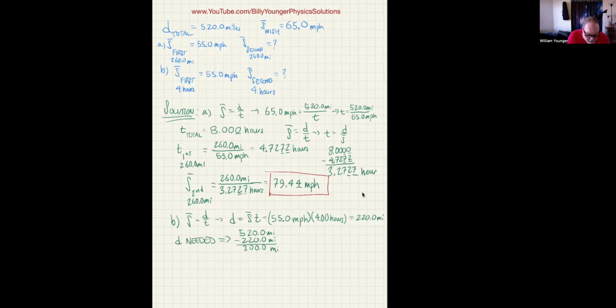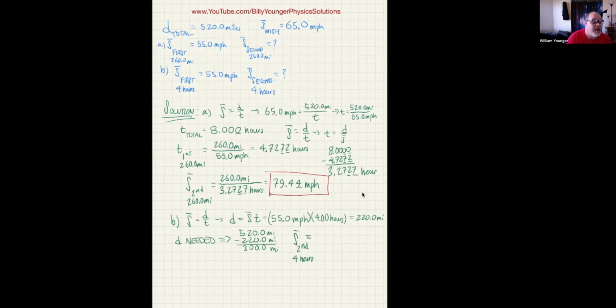So that average speed, which is what we're looking for, S second, which I'll write again a little easier, more succinctly, for 4 hours. That average is equal to distance divided by time.